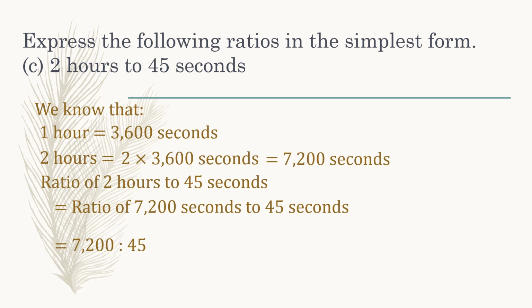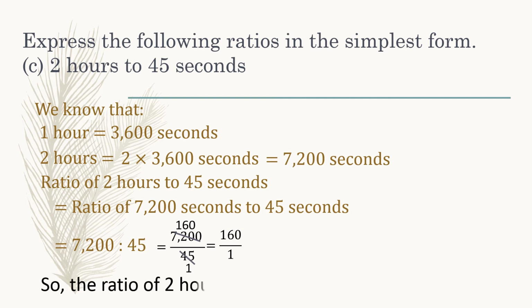To simplify, write it as a fraction, that is 7200 upon 45. See, both the numbers are divisible by the same number 45. So divide. 45 ones are 45 and 45 160s are 7200. So we get 160 upon 1. So the ratio of 2 hours to 45 seconds is 160:1.